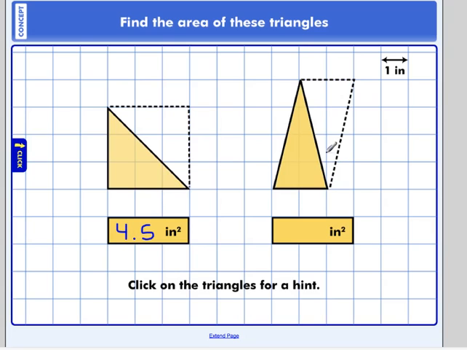So the height is 1, 2, 3, 4. So we've got a base of 2 and a height of 4. So the area of this parallelogram is 2 times 4, or 8 inches squared. But this triangle is half that much. So we want to take half of our 8, or in other words, divide by 2. So the area of this triangle would be 4 inches squared. That's pretty cool, isn't it?